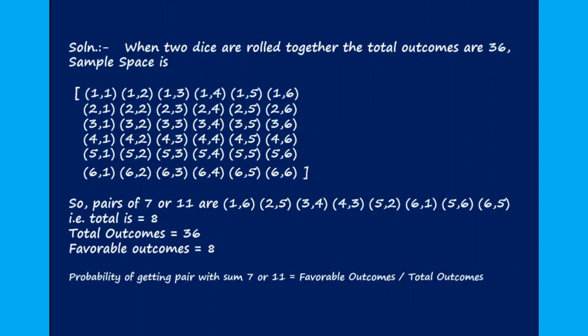So favorable outcome is 8 and total outcome is 36. So the probability of a sum of 7 or 11 is equal to 8 by 36, which is equal to 2 by 9.